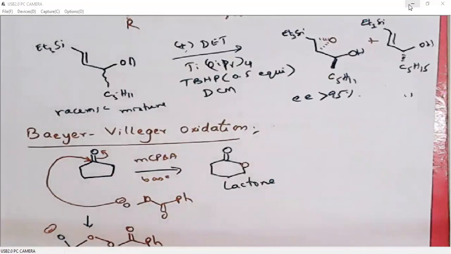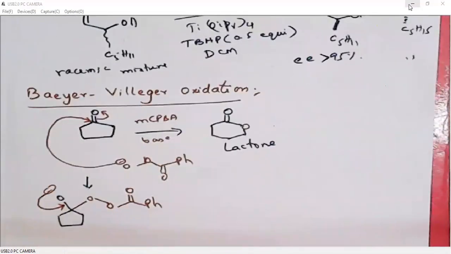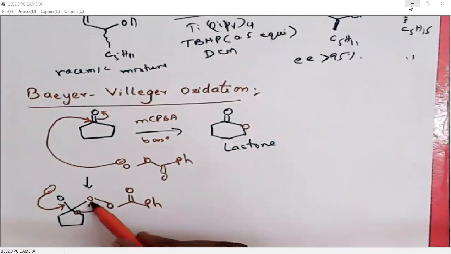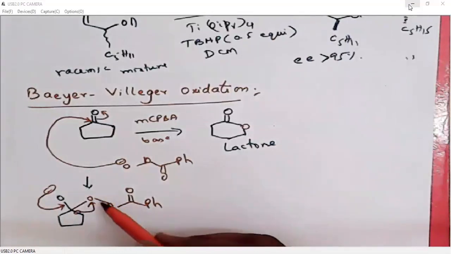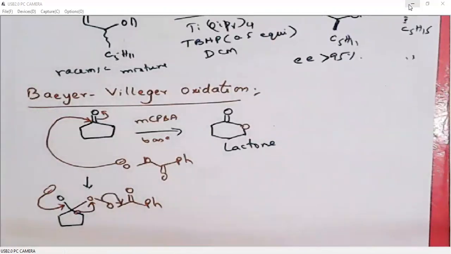Of course, the oxide ion will again polarize this lone pair towards carbon, so it regenerates the carbon-oxygen double bond. Then a bond between the carbonyl carbon and an adjacent carbon will break and migrate to oxygen. Then this oxygen-peroxide bond will break, because the peroxide bond is the weakest bond, so we can easily break it.